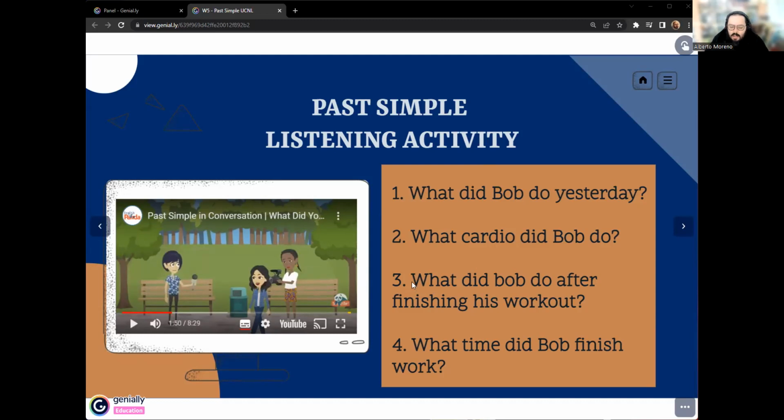Okay. Number 3. What did Bob do after finishing his work? A las 8:30. But after, no. He finished work at 5 o'clock. And what did he do after this?